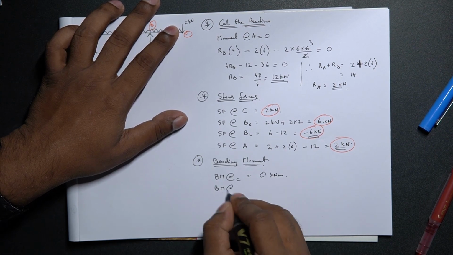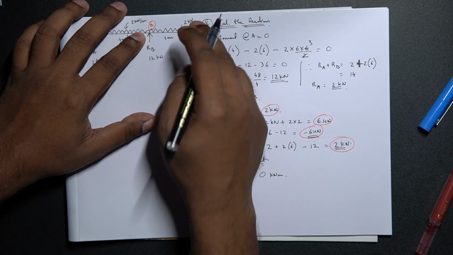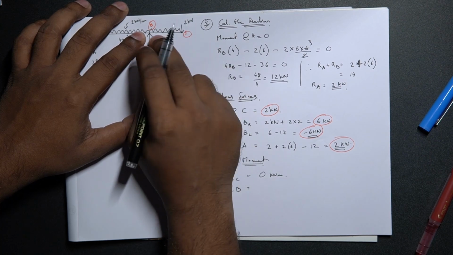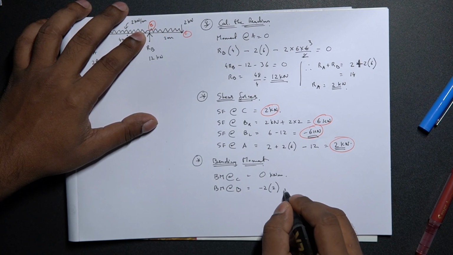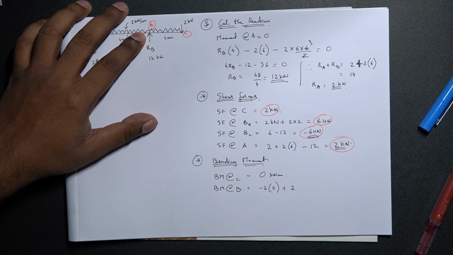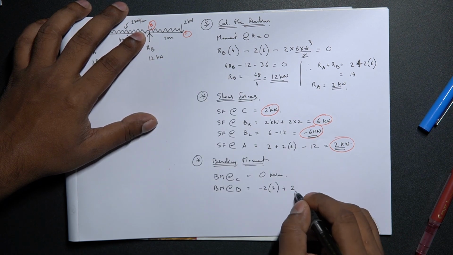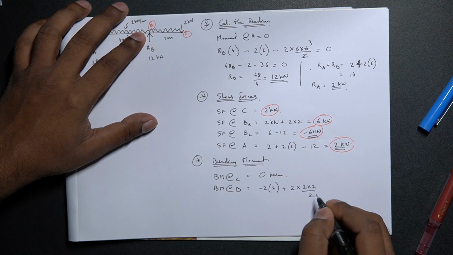Bending moment at B, that would be 2 acting downward, creating a hogging action, so minus 2 times 2, plus we have a UDL that is acting, so that is 2 into L squared by 2, that is 2 square by 2.